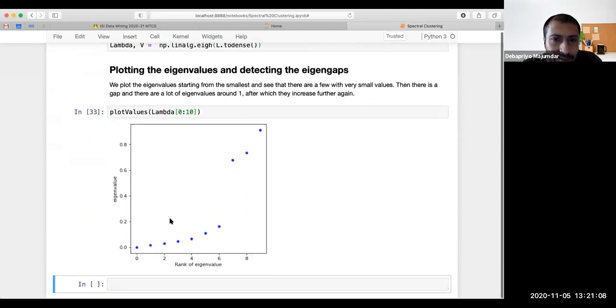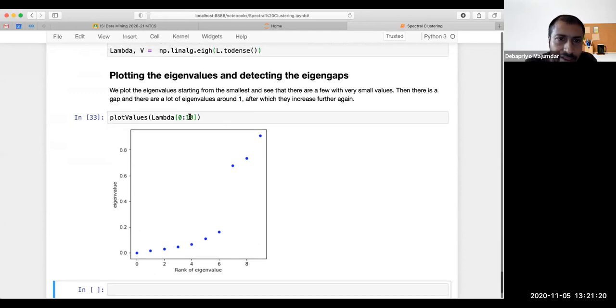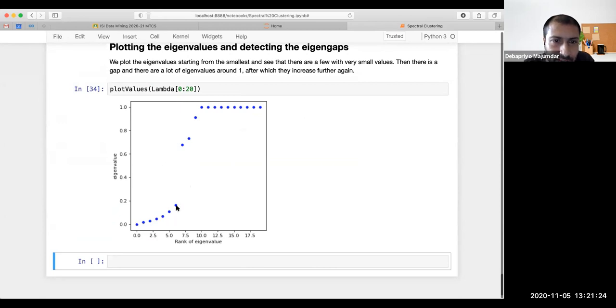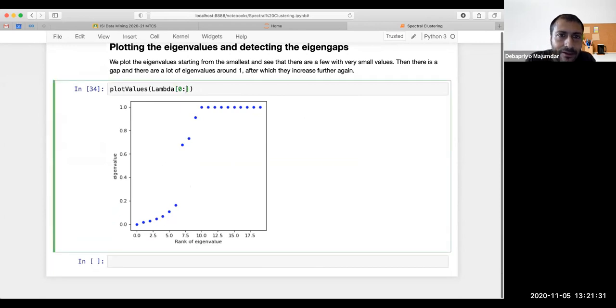Now you see that the first 10 itself, first 6, 7 actually, first 7, there is a gap here, right? What about 20? Yeah, so you see first 7 and there is a gap, and then there are a few here, and then maybe 50.